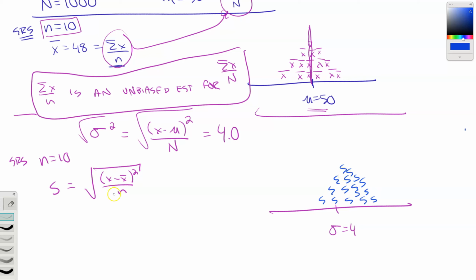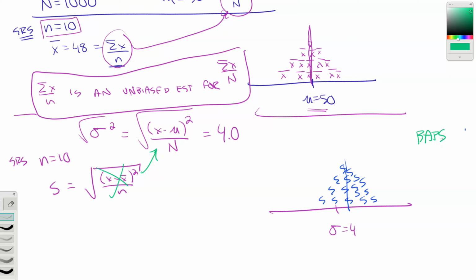We want to divide by a smaller number. These probably should be on the other side, but it doesn't matter. And if you notice, the average of these is not the same as the population value, because this is a biased estimator of this. Why? It's complicated, but it just is.